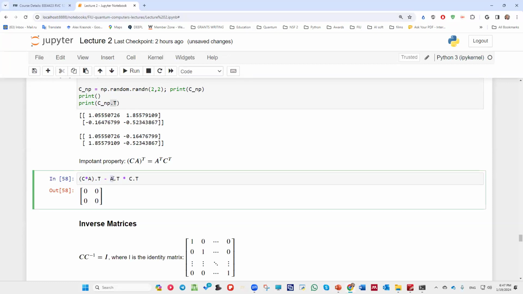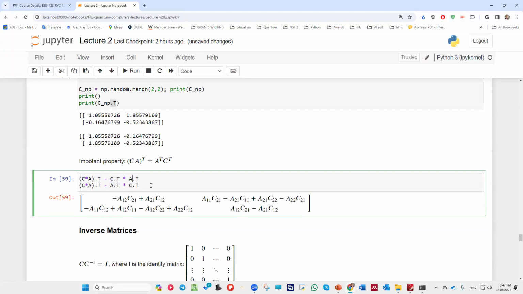However, if you forget this important property and write in the same order, C and A, the result will be something like this, which is completely wrong.